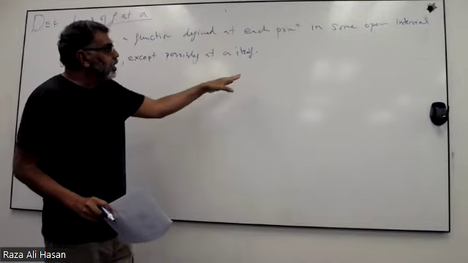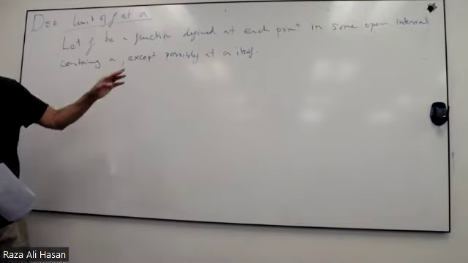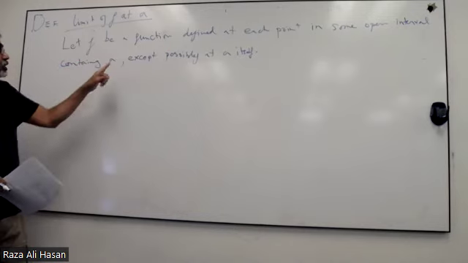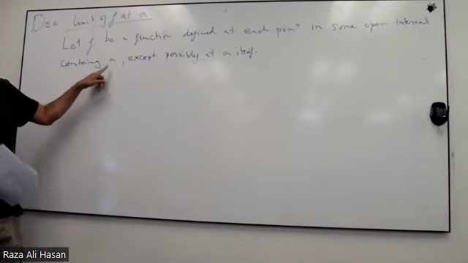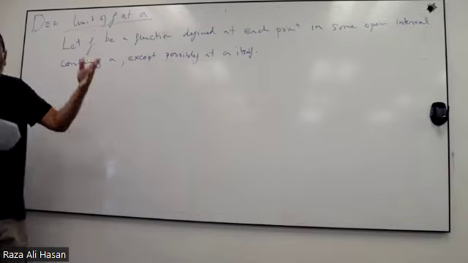I think we'll just focus on the language of this definition today. So this is a function that's defined for all the points in the open interval except at a. a might not be defined, it could be defined, it doesn't matter.